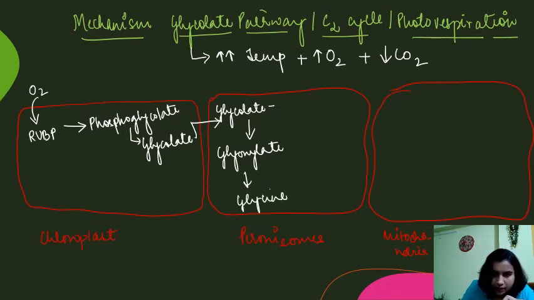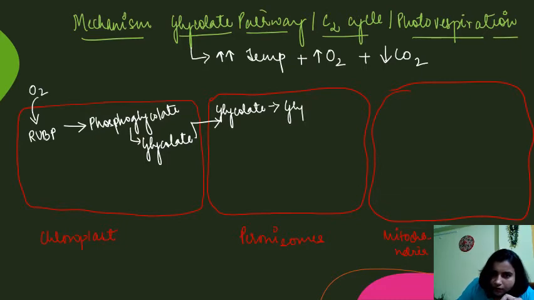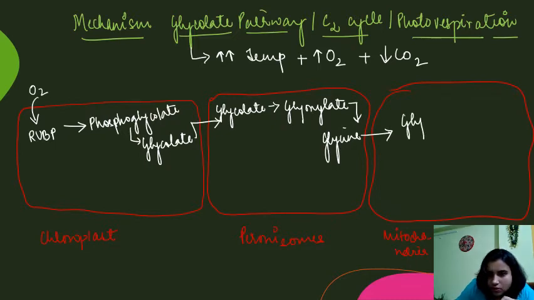glycine, right? Let me write in this way. Glycolate will form glyoxylate. Glyoxylate will form glycine, right? Now this glycine will go to mitochondria where it is converted to serine, right? Now this serine then again comes back to peroxisome.